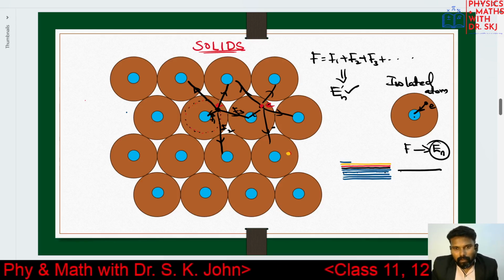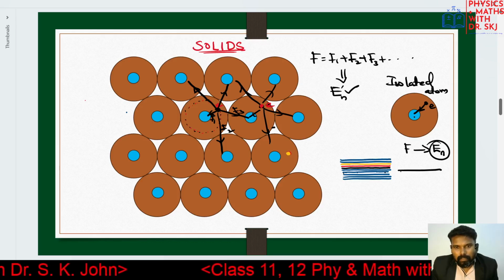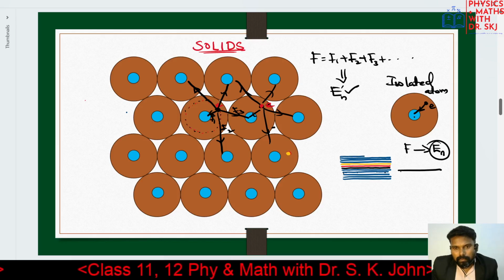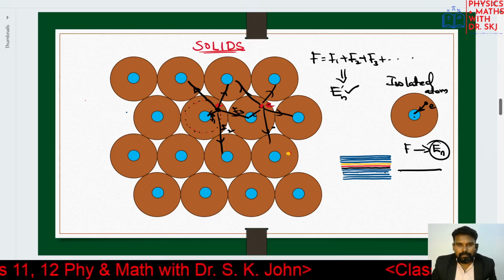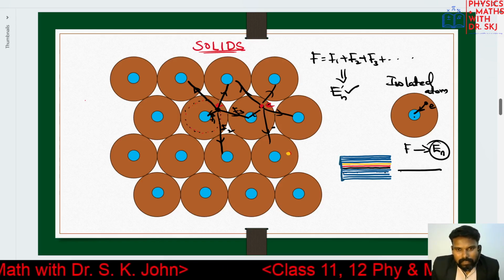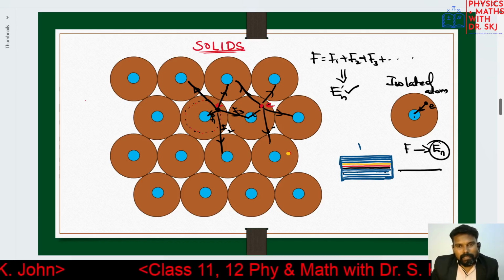So for a set of electrons in a solid, there will be a large number of energy levels, an infinite number of energy levels, which are very close to each other. And we consider this set of energy levels as a band. We call this an energy band.